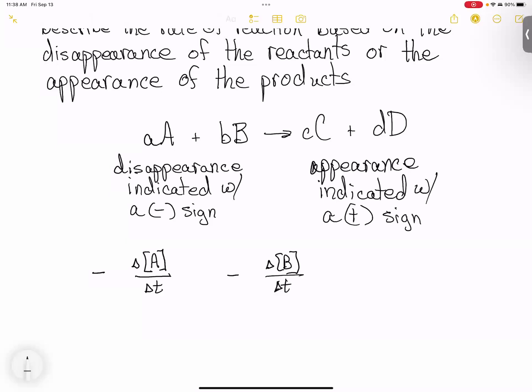We can describe the reaction based on the change in concentration of C versus time. And we can describe the reaction based on the change in concentration of D versus time.